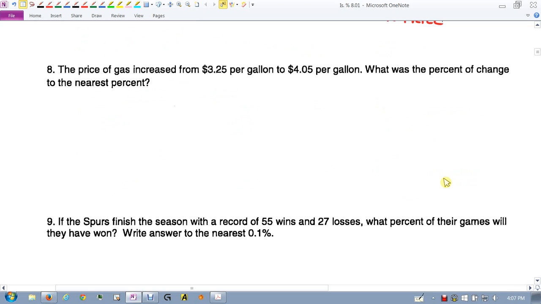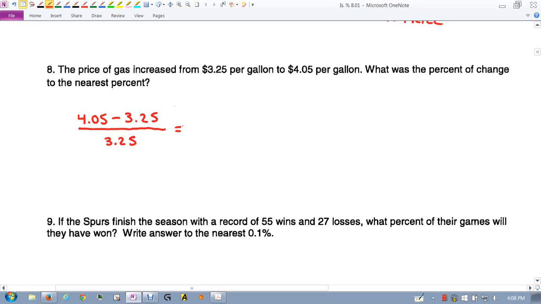The price of gas increased from $3.25 to $4.05 per gallon. What is the percent change to the nearest percent? So new minus old over old. New is 4.05. Old over old. New minus old over old.